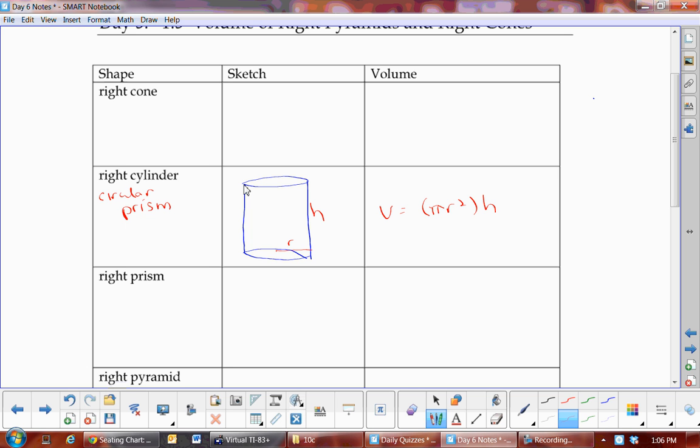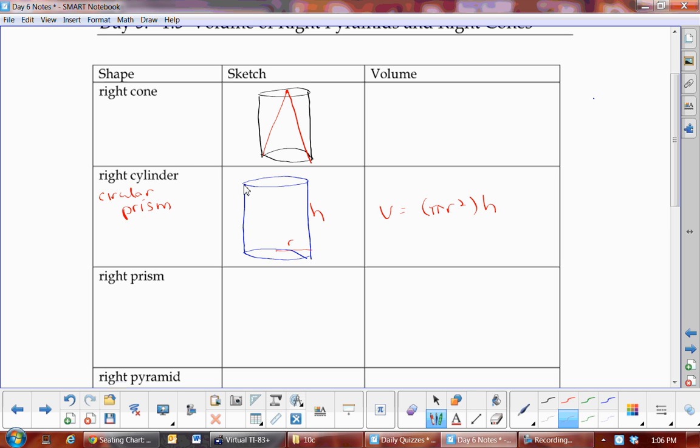Now, I just want you to see something here. The right cone, you don't have to draw this, just look. If you take any cylinder and put a dot there, that's how you get the cone.